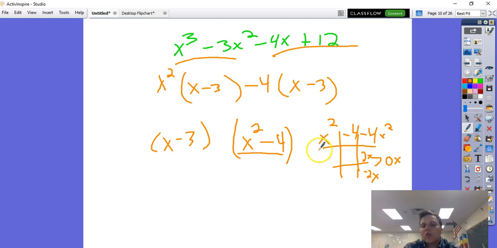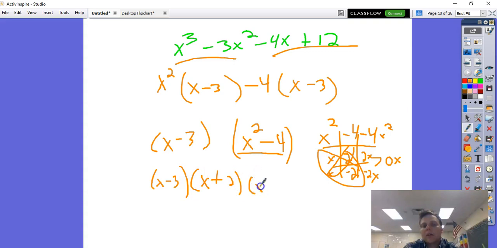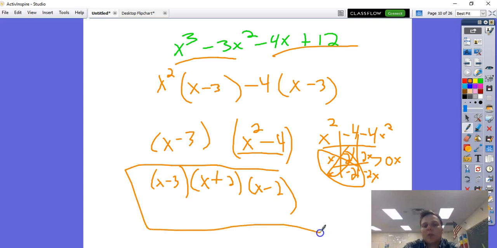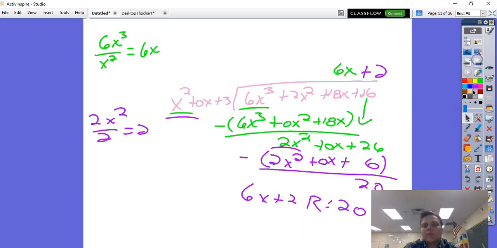X squared and 2x have an x in common. X squared and negative 2x have an x in common. X times 2, x times negative 2. We go across, so we get x minus 3 times x plus 2 times x minus 2. That is its factored completely format. Whew. Okay?